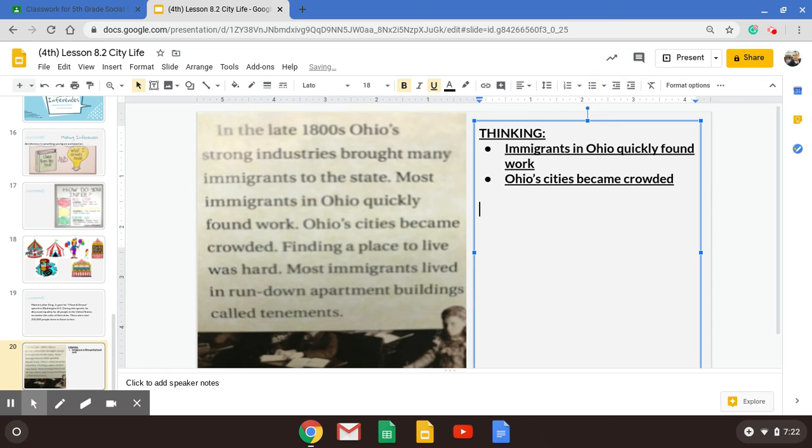So what inference can we make? I infer that because so many immigrants arrived at once, good housing could not be built fast enough.